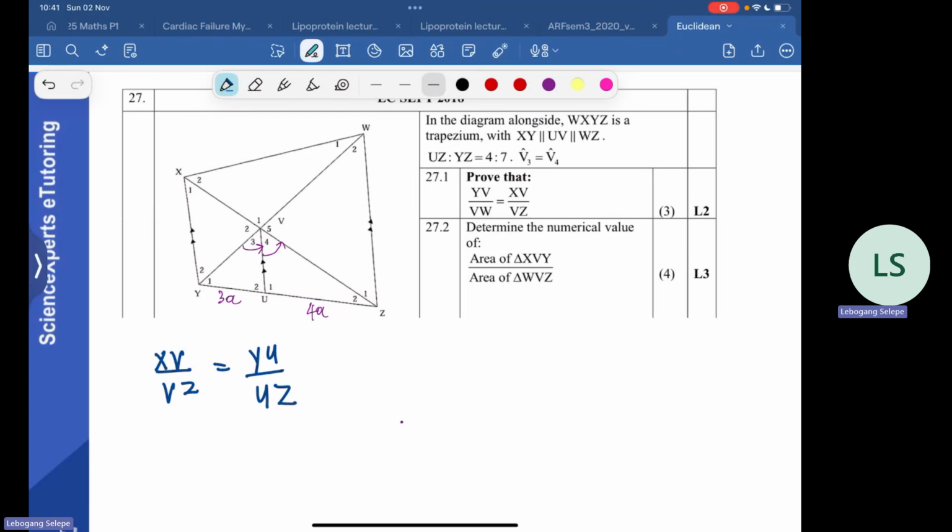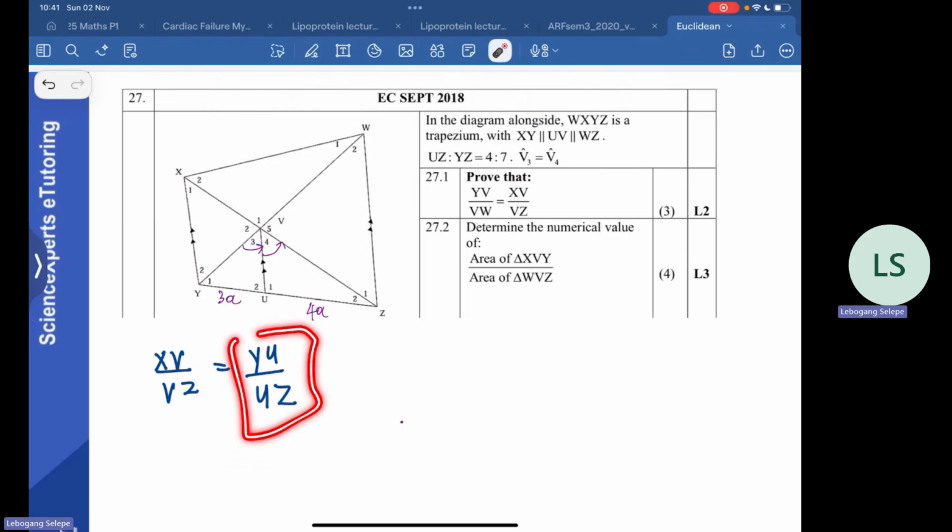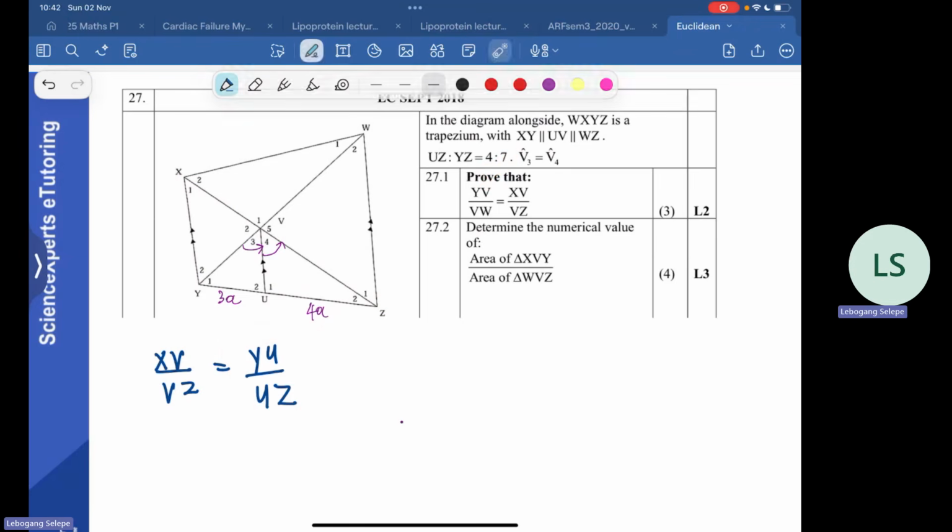Now, can I prove that yu over uz is equals to yv over vw? Yes, it is. Take a look at this one. Take a look at this. Take a look at that one, right?